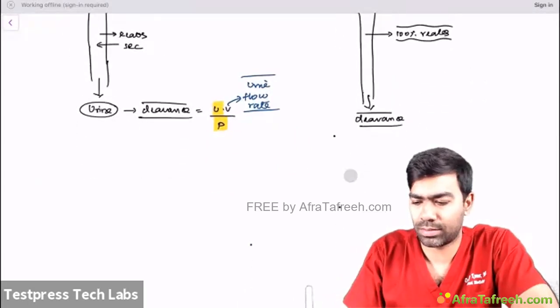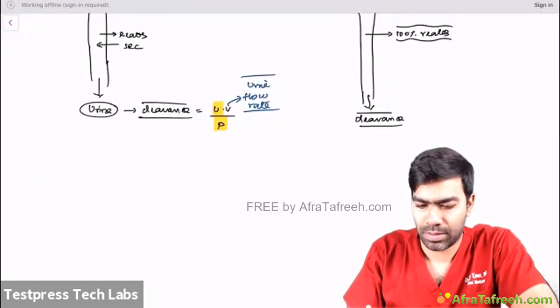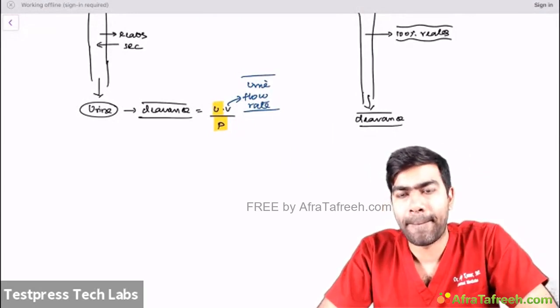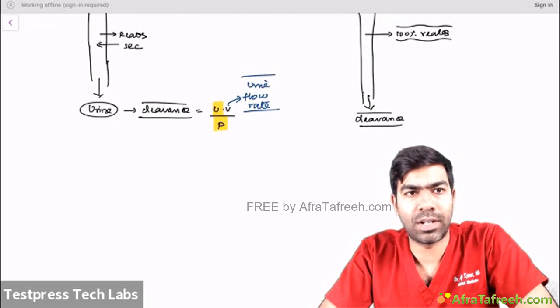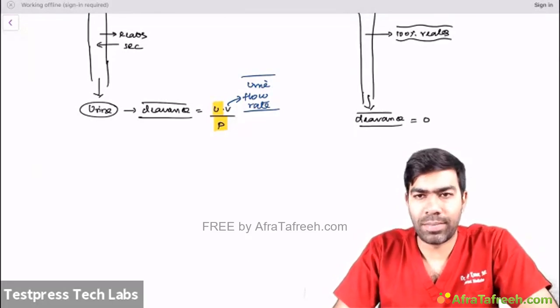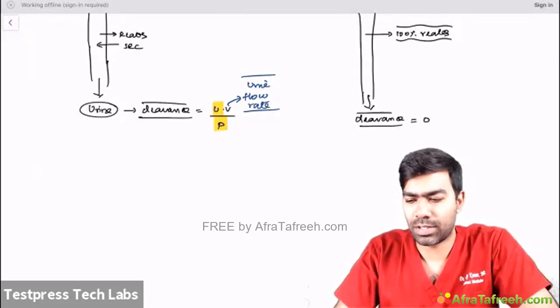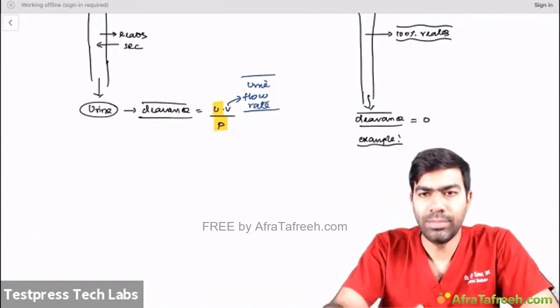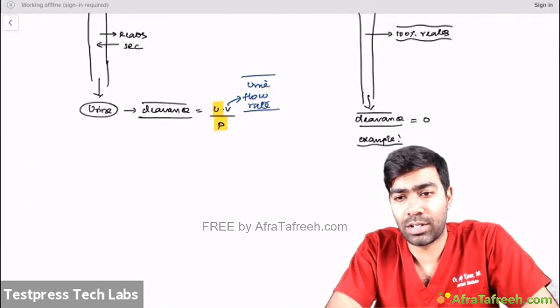You have to answer. What is the clearance of that substance if it's 100% reabsorbed? Yes, everyone answers right. This is very basic, simple physiology. Clearance of that substance is 0. What is an example of that particular substance?